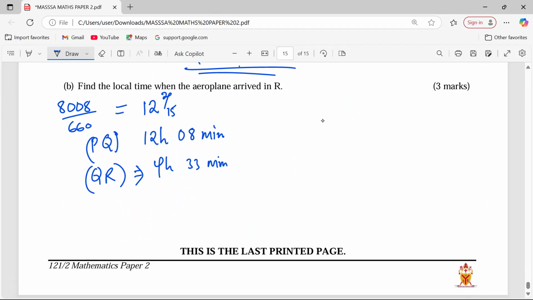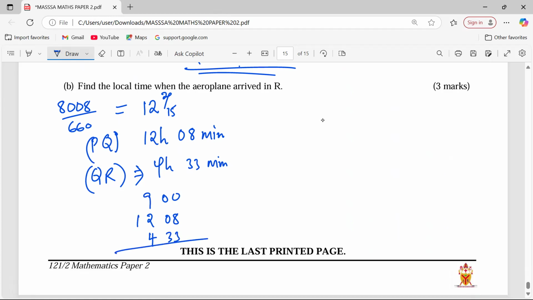So from 9:00, we are first adding 12 hours and 8 minutes. Then after that, we'll add 4 hours and 33 minutes.